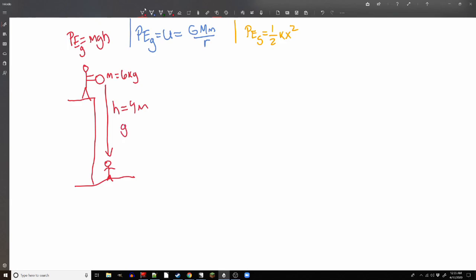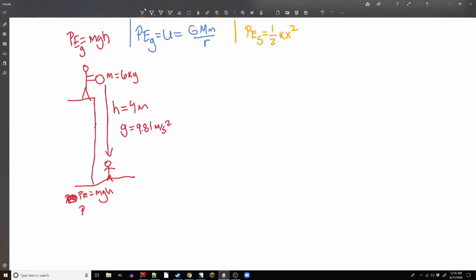And always remember g is 9.81 meters per second squared on Earth. So if we're going to do it that way, let's see. The potential energy the rock has at the top is going to be PE equals mgh.